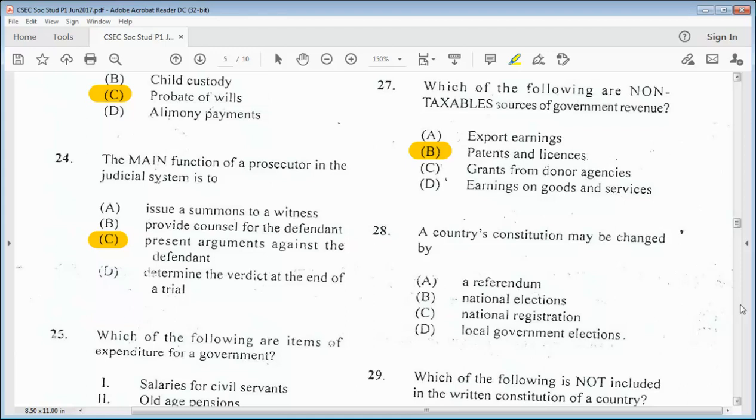What's a referendum? Well, you could do some research on that to get a full understanding. But a referendum is when citizens in a country are required to vote on a particular matter. So that's what a referendum involves. So A.